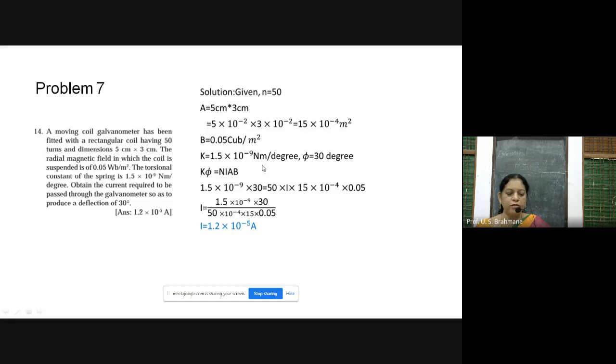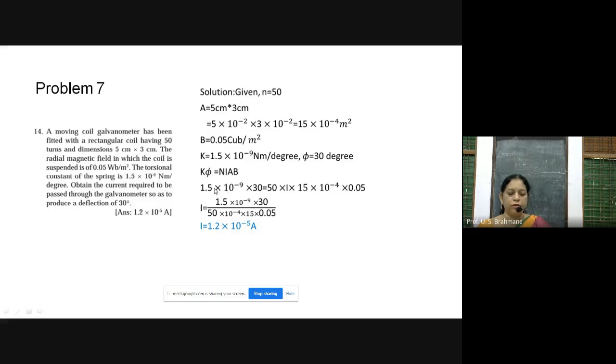So now in this equation which we have got for the moving coil galvanometer, K phi is equal to NIAB. Whatever terms are given, just write them down, and find which are unknown. Here we have to find the current, which is not given.